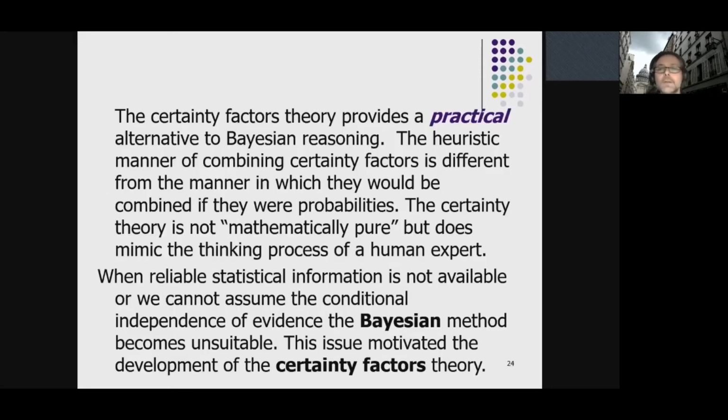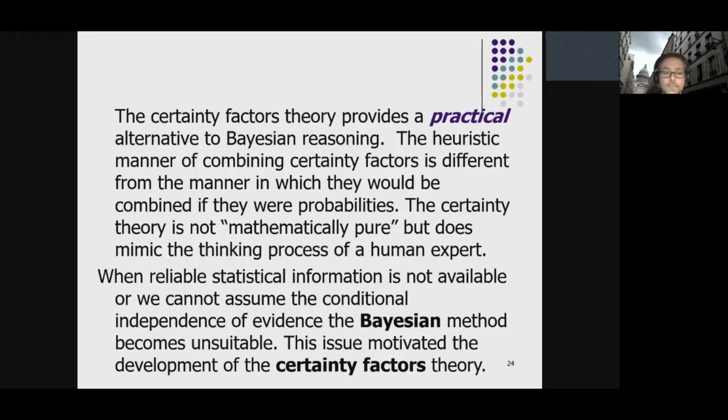The certainty factors theory is an interesting practical alternative to Bayesian reasoning. As I said, it's heuristic. Basically, researchers have proposed specific operations. It's not mathematically pure. It doesn't have the strong mathematical basis that Bayesian theory has, but it has been used, and it works well in situations where the assumptions of the Bayesian method do not apply.